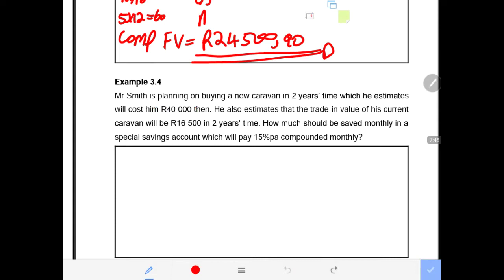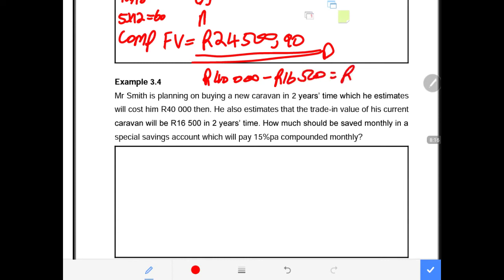He also estimates that the trade-in value of his current caravan will be 16,500 rands. So he does have an existing caravan, and he estimates that the value of this current caravan 2 years to come will be 16.5. So in other words, out of the caravan that costs 40,000, he will trade in the one that costs 16,500.